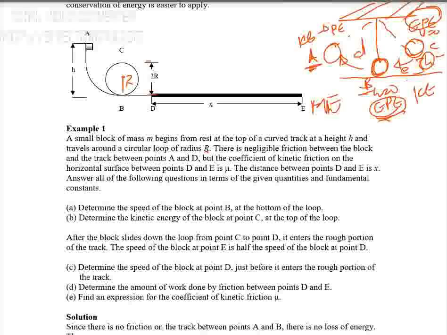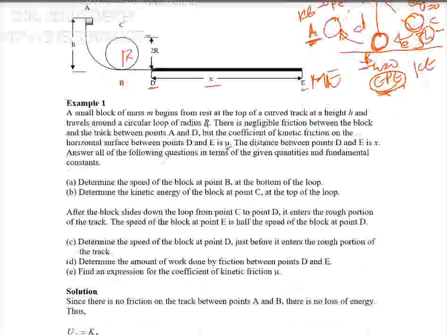But the coefficient of kinetic friction on the horizontal surface from this point up to this point is mu, and the distance between D and E is x. Finally, answer all the following in terms of the given quantities and fundamental constants.